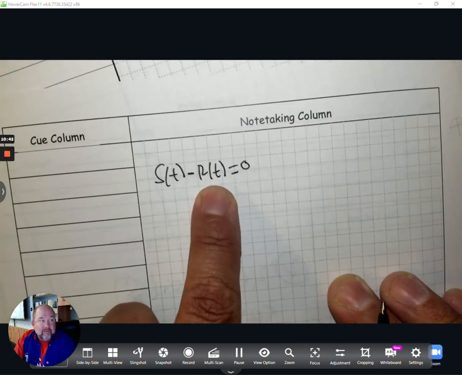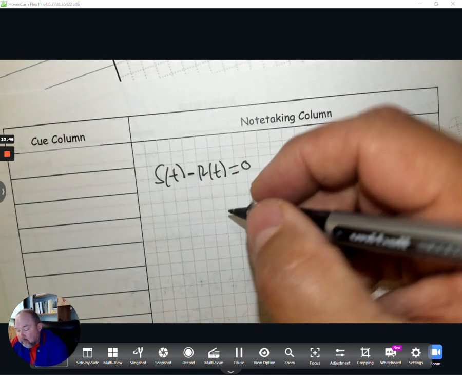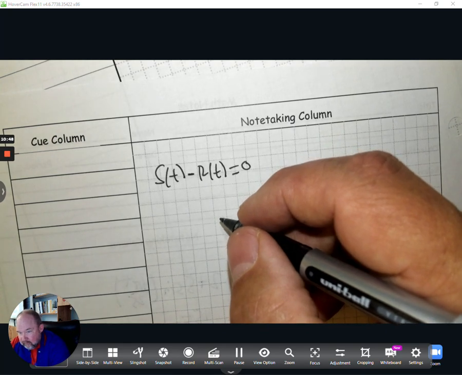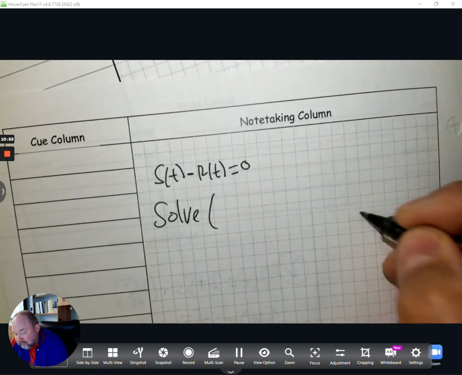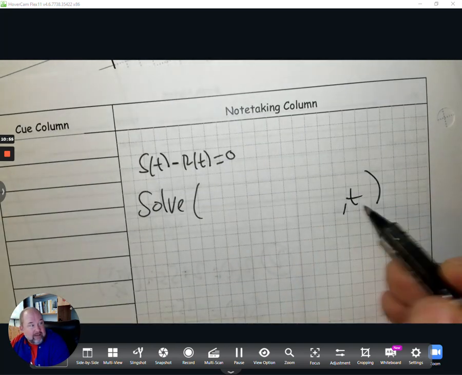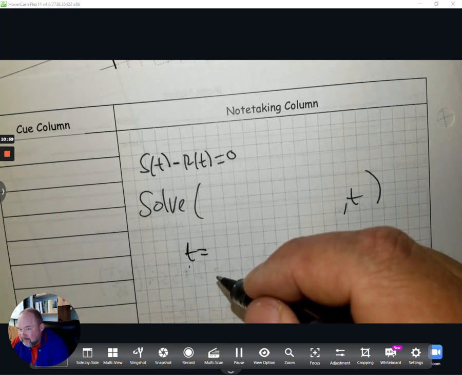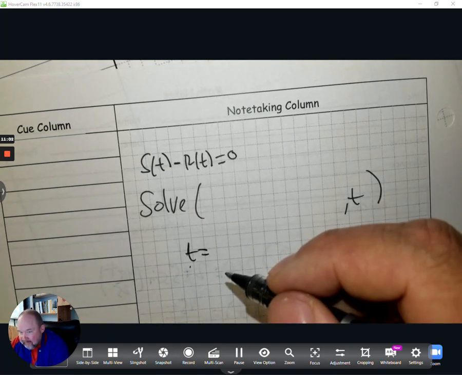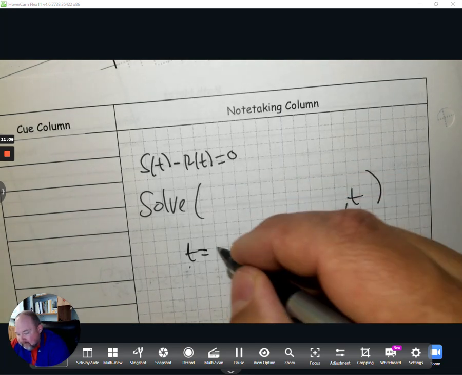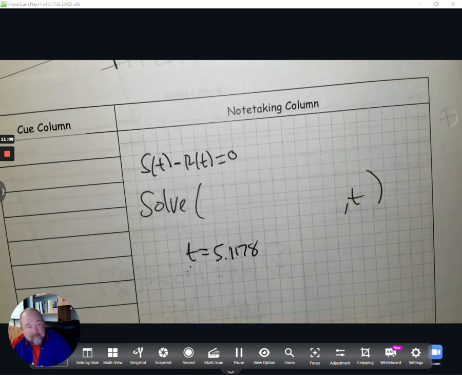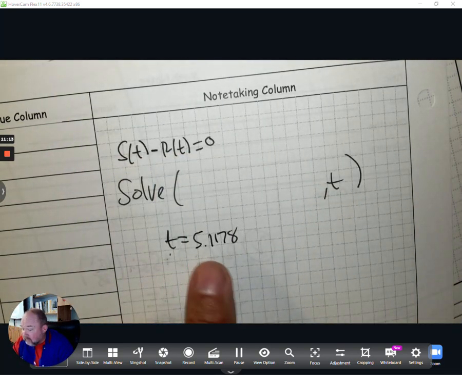This was the derivative, and then I want to make it equal to 0 to know what the critical number is. So we would use our calculator. You would go solve, and you would type this in and solve it and see what answer you get with your calculator. And if you did it correctly, you would get the answer 5.1178. So you go solve and type this equation in, comma t. This is the answer you should get.